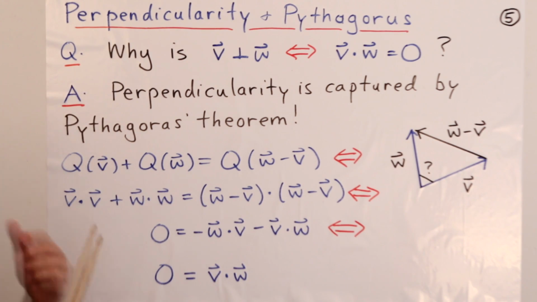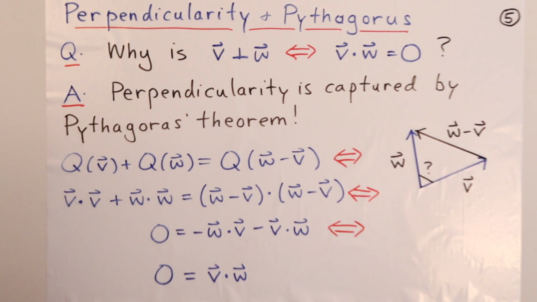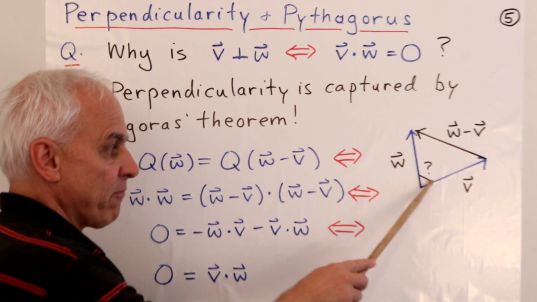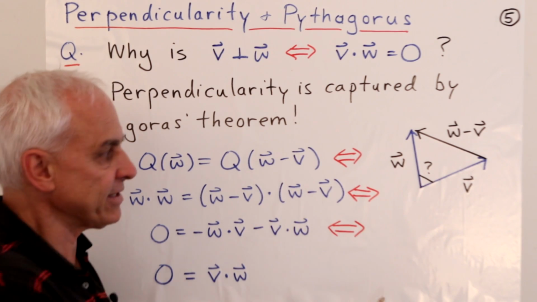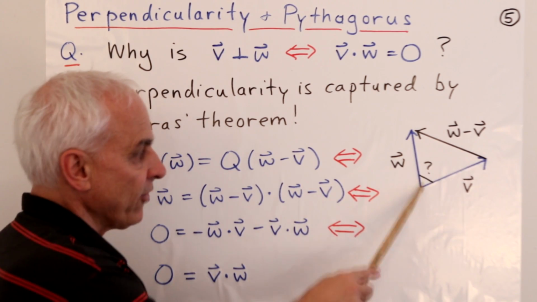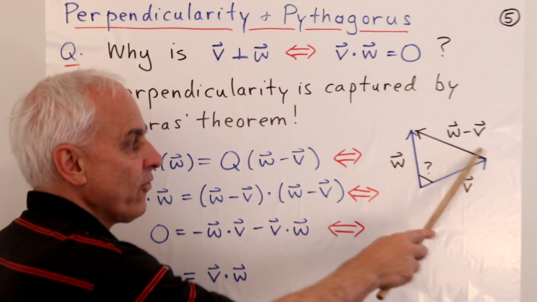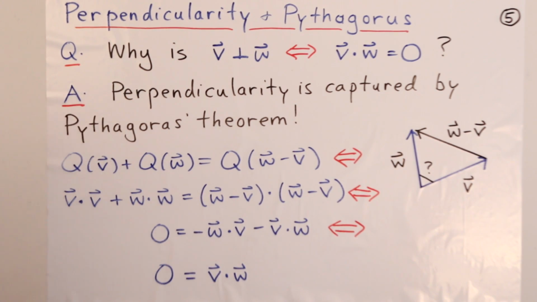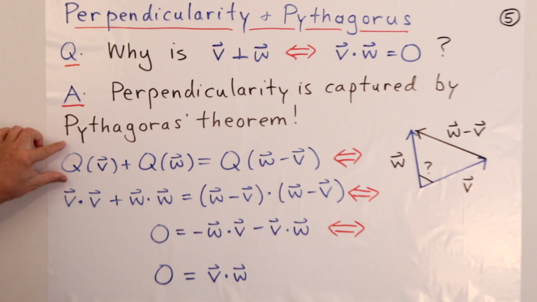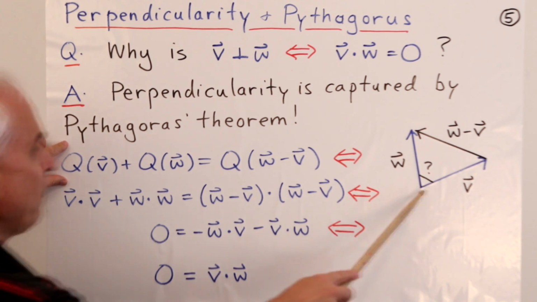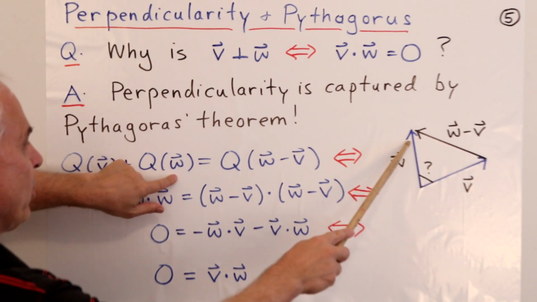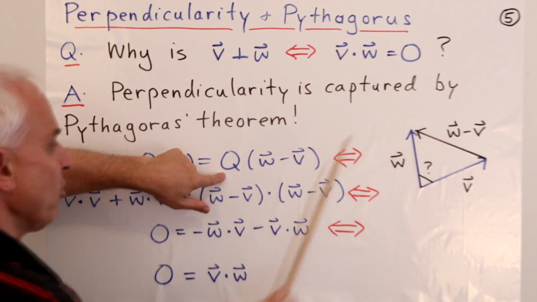Okay, so what does Pythagoras' theorem say? Well, Pythagoras' theorem is saying something about the quadrances, that we should have perpendicularity precisely when this quadrance plus this quadrance equals the hypotenuse quadrance. So here's the statement involved in Pythagoras' theorem, that Q(v) plus Q(w) equals Q(w minus v).